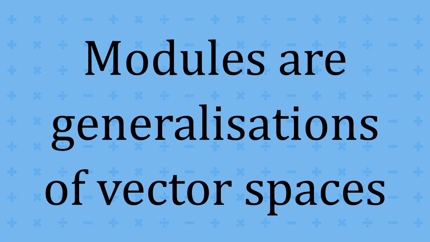Now we're going to move on to discuss modules, so let's define a module. Informally, modules are generalizations of vector spaces where scalars come from an algebra, or more generally, a ring.